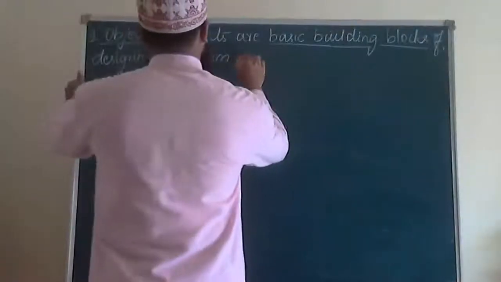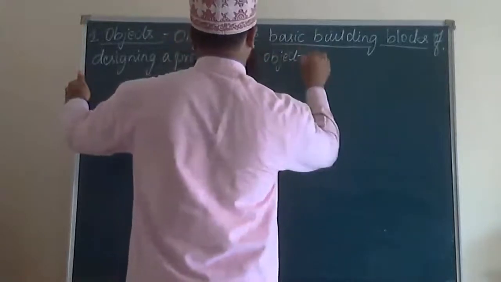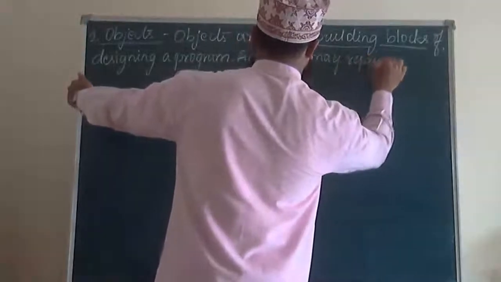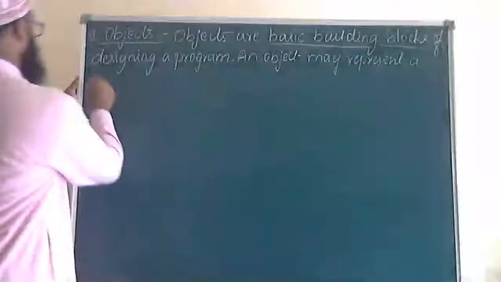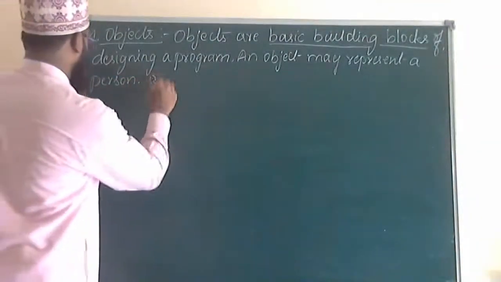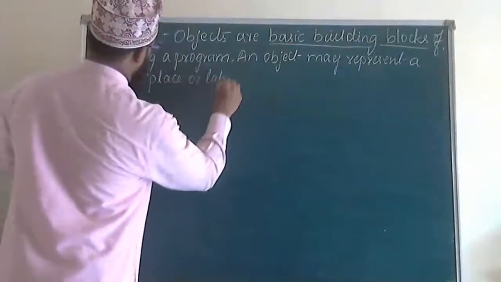An object may represent a person, place, or table of data.